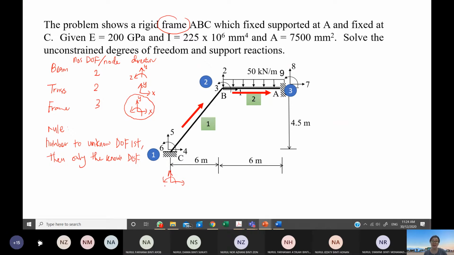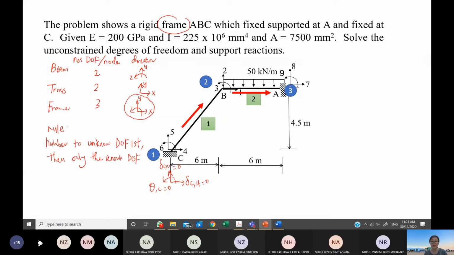Meaning that in these directions the displacement is 0. It is not allowed to move in those directions. So the horizontal displacement at C is equal to 0, the vertical at C is also 0, and the rotation at C is also 0 for a fixed support.